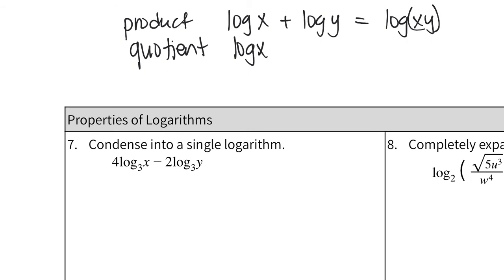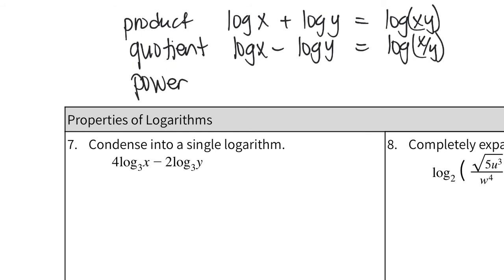So in this case, it would be subtracting, x over y. And then there's the power property, which states that if you have a coefficient out front, you could just write that as an exponent.